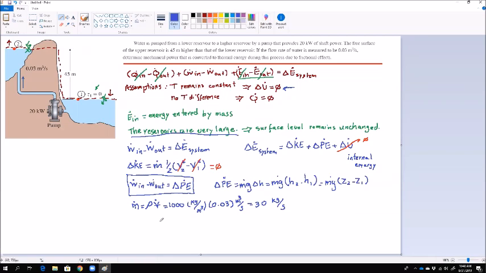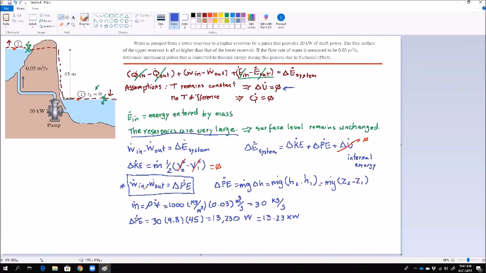As a result, our rate of change of potential energy will be 30 times 9.8 times delta Z, which is 45. The answer is 13,230 watts or joules per second, or 13.23 kilowatts.